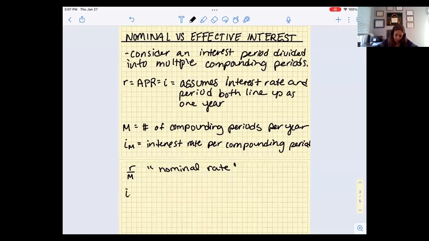Then we can calculate the effective interest rate, which is effectively what the true interest is per year, not the fake one that they advertise to you.